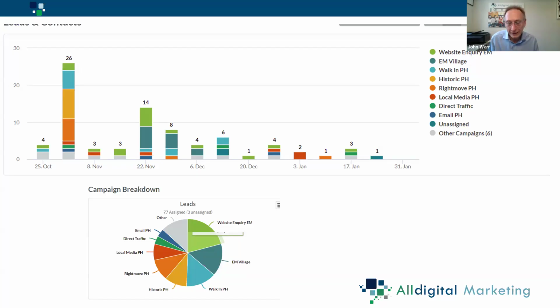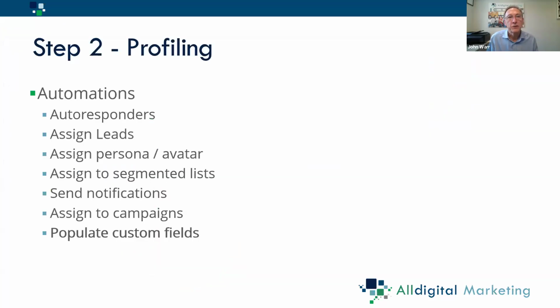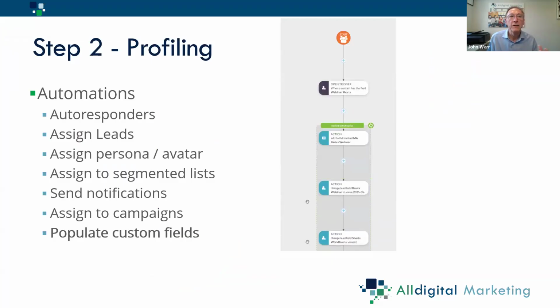So your leads are coming into your CRM system. What you now need to do is start using automations. So right from day one, as you start to capture the data, use that information, use automation. So if something comes into your CRM, set up an automation. An automation could be something like an email comes in from so-and-so or a form has been completed or whatever, and then set up automations from day one. So the first automation is a thank you for your inquiry, an autoresponder.